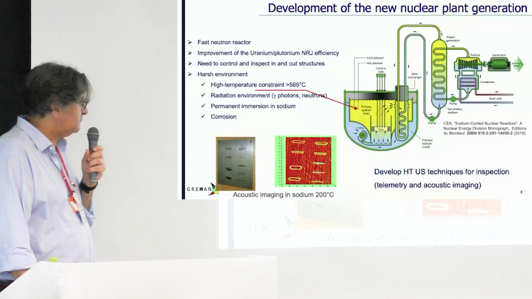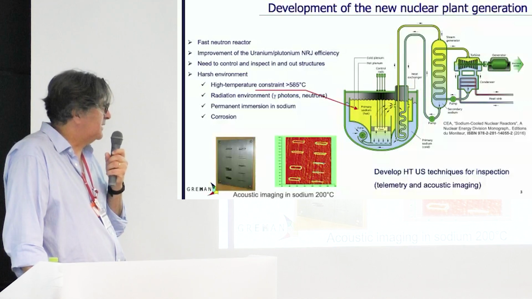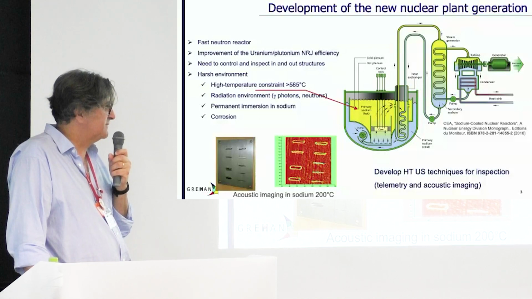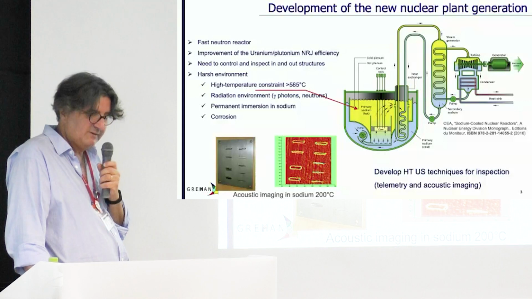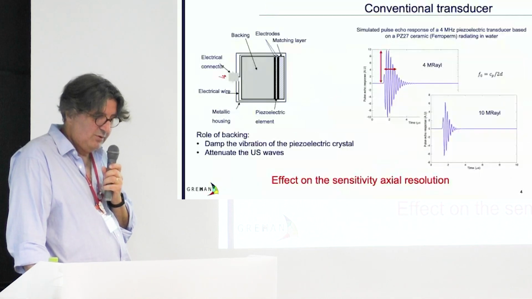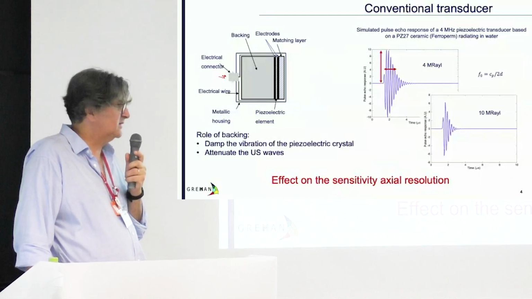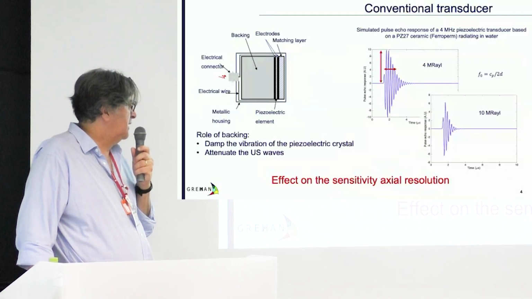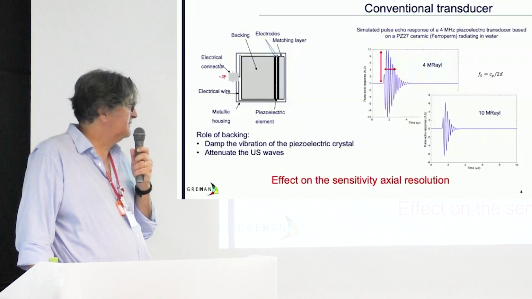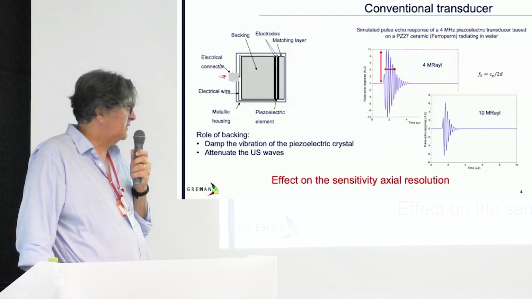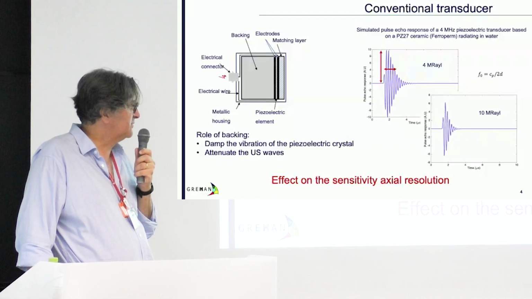So we want to develop the ultrasonic technique for inspection of such equipment. You know about the role of the backing, for instance, that has an effect on the sensitivity of a transducer and on the axial resolution of the transducer.